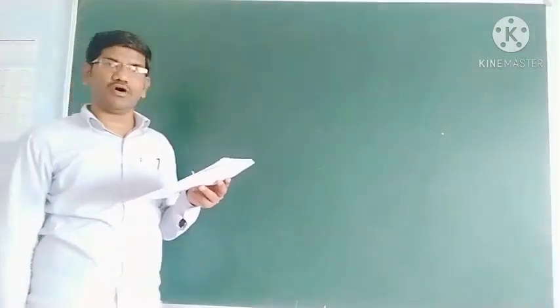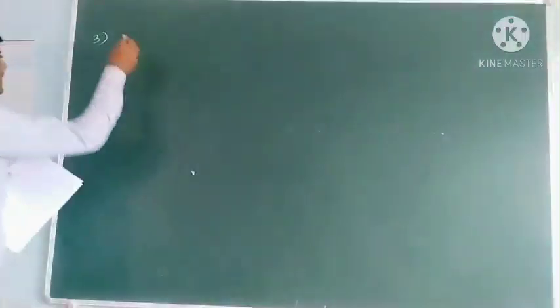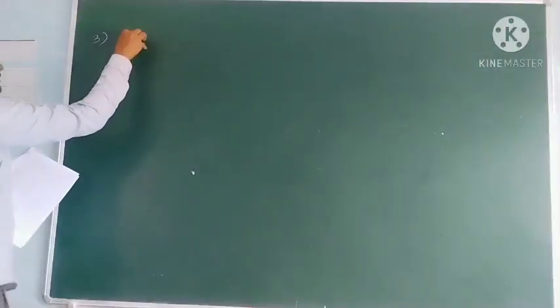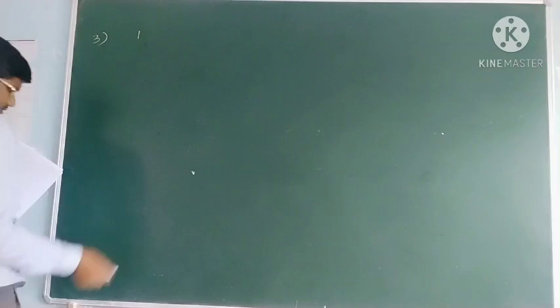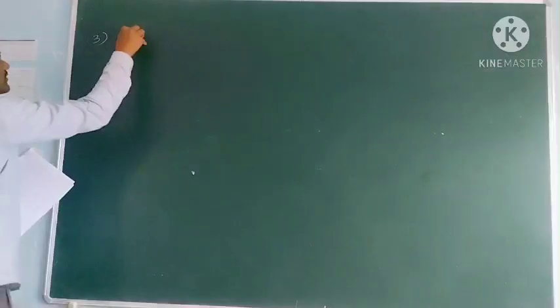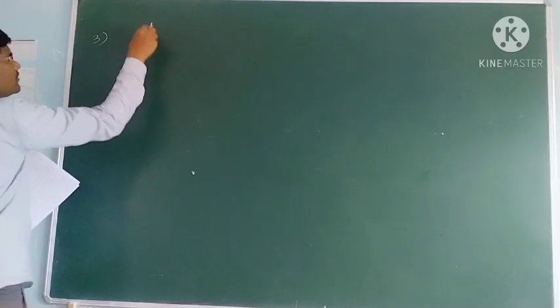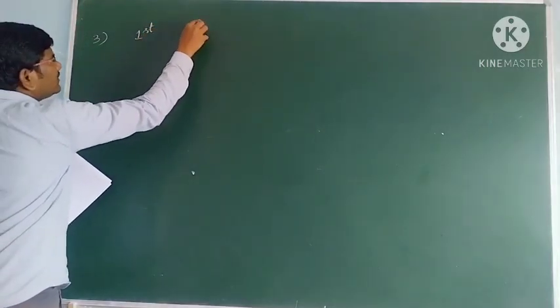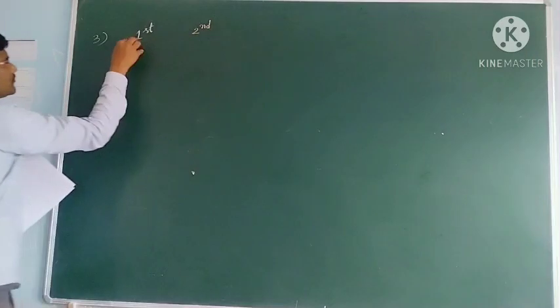A body is allowed to fall freely. So there are two objects, the first object and the second object.